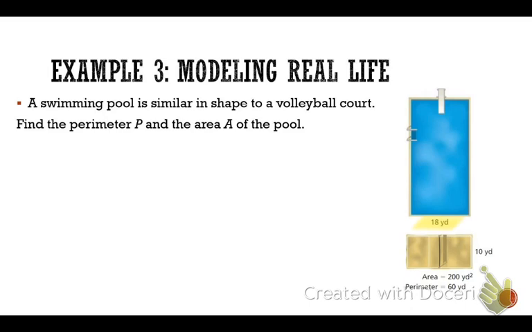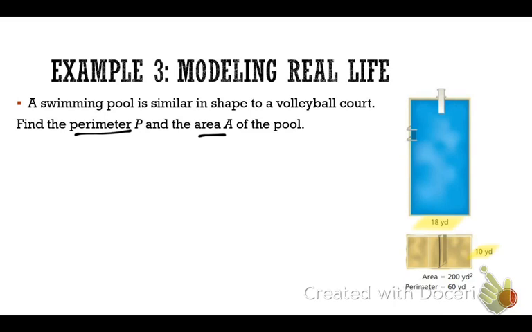It is the width. And then 10 yards, what do you think that is? The width also. So corresponding side lengths. Both of them are the widths. That's important. All right, so what they want me to do is solve for the perimeter and area of the pool. So let's start with perimeter. We need to set up a proportion.